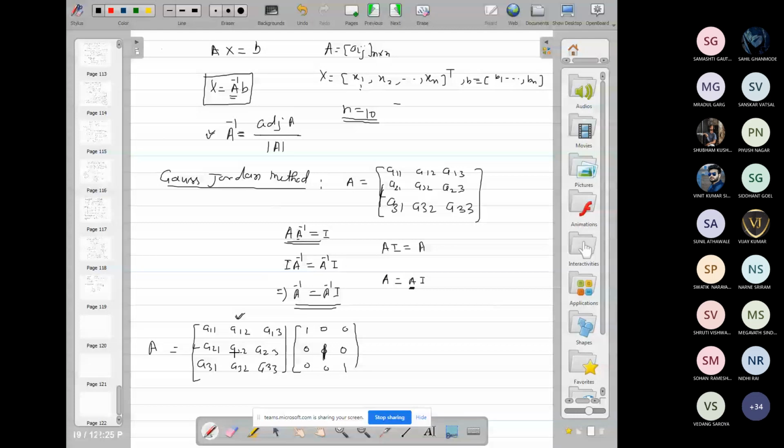If we convert A into the identity matrix, in that case this identity matrix becomes A inverse.